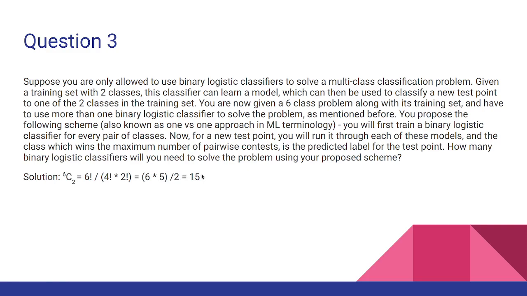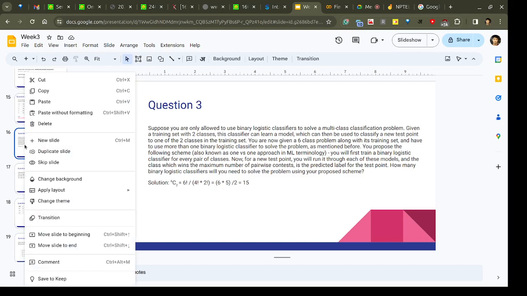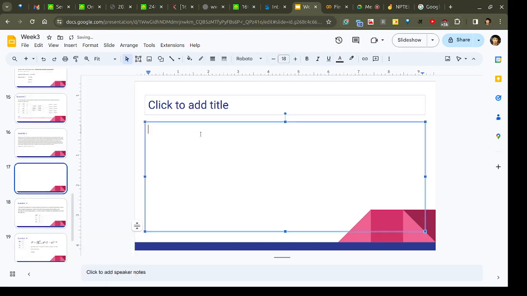If it is not intuitive, I can also show by an example. Let's consider this. You have red, green, blue, yellow, black, and white, and you have to build a classifier for all pairs.